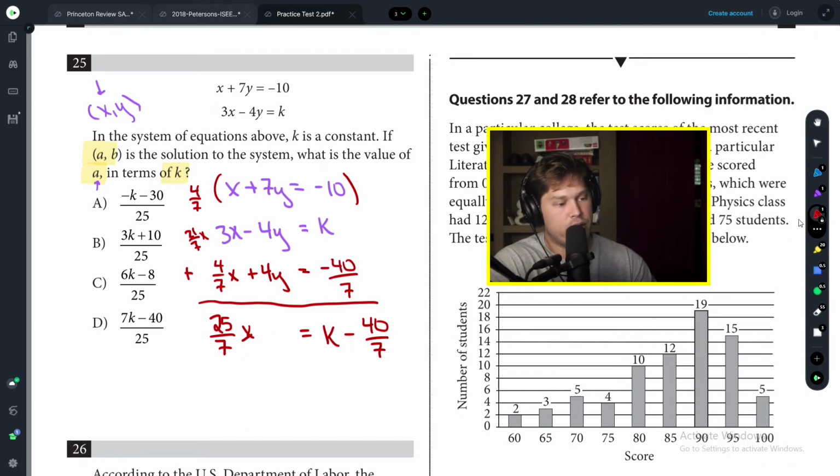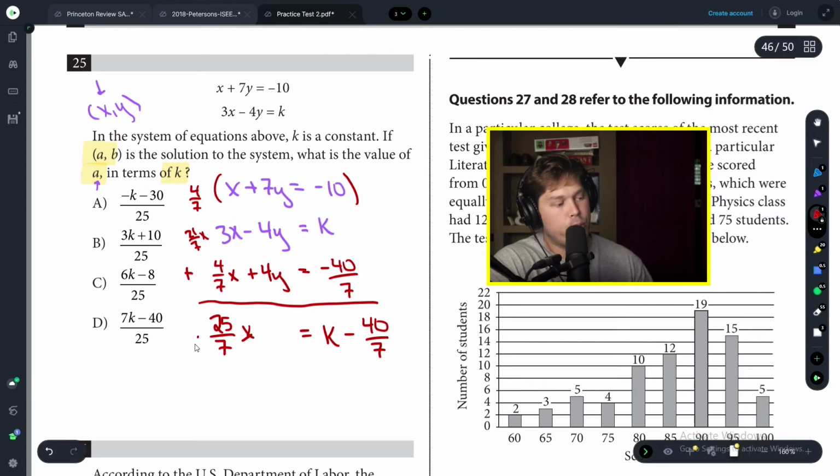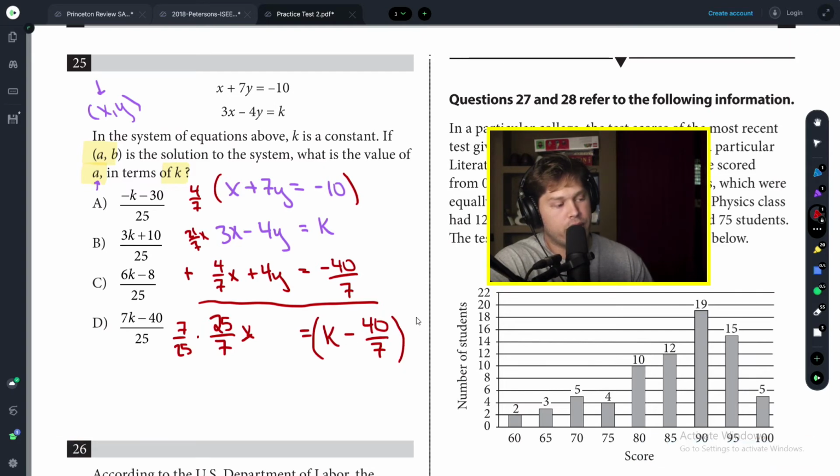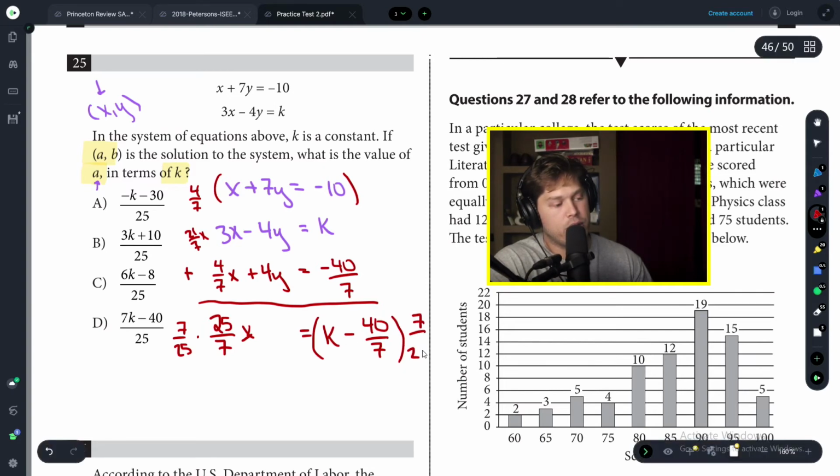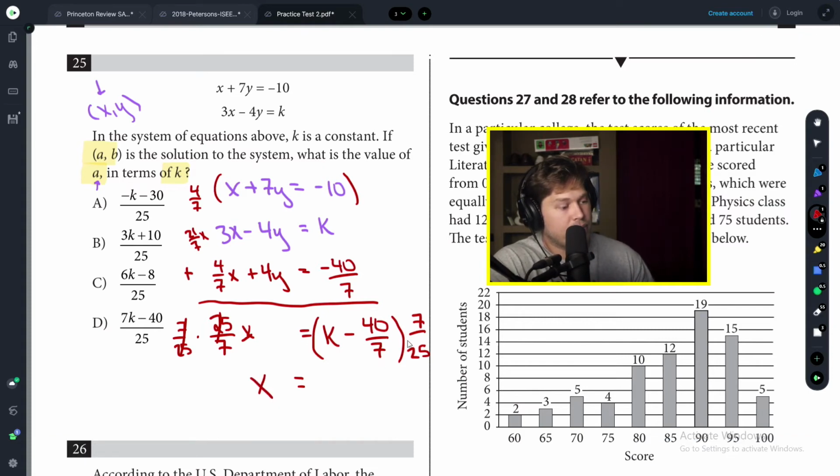So how can we solve for x? Well, to solve for x, we'll multiply both sides by 7/25. We'll multiply both sides. So again, we want to multiply everything here. We're not going to just multiply one thing. We'll multiply everything by 7/25. So our values over here will cancel, and we'll be left with x equals what? Well, x. This is a lot of algebra.